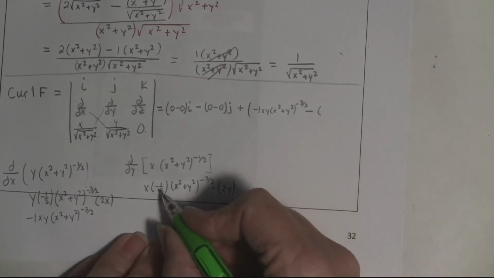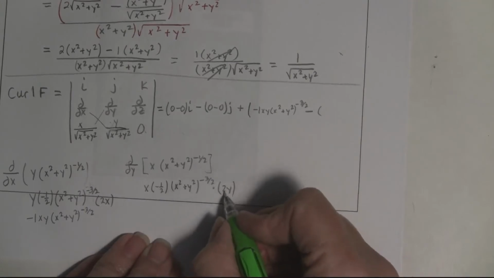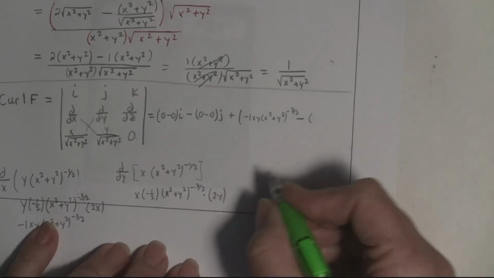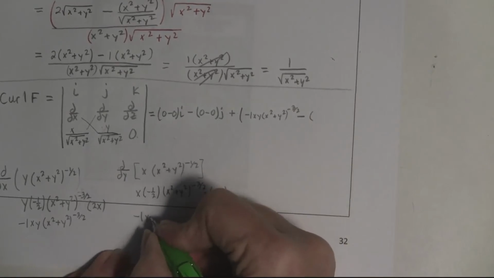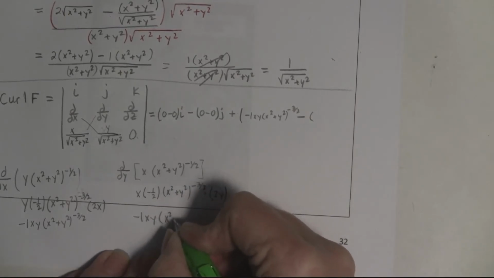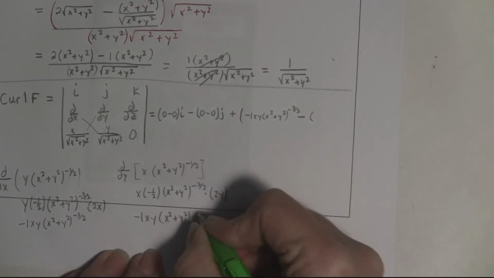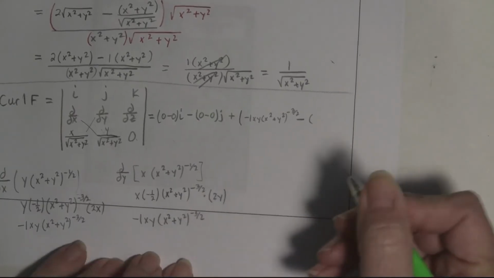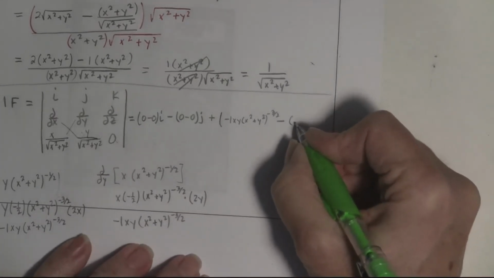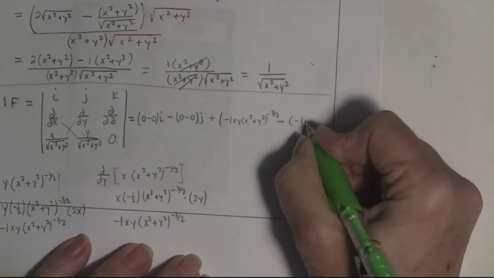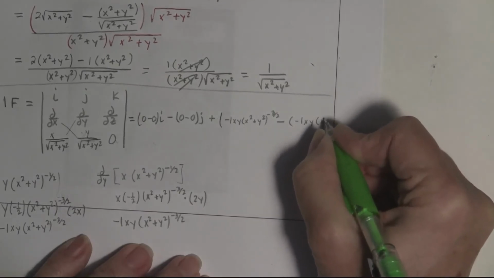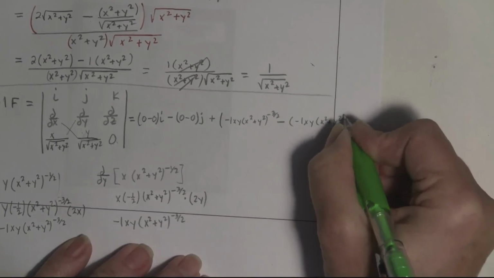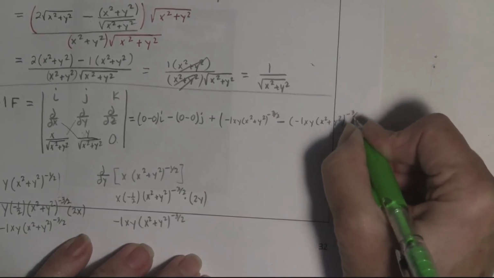So this is going to give us negative, this is negative 1, right? So this is negative 1 x, y, x squared plus y squared to the negative 3 halves. And so here, negative 1 x, y, x squared plus y squared to the negative 3 halves.